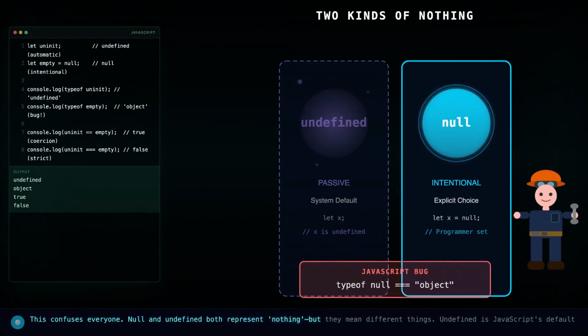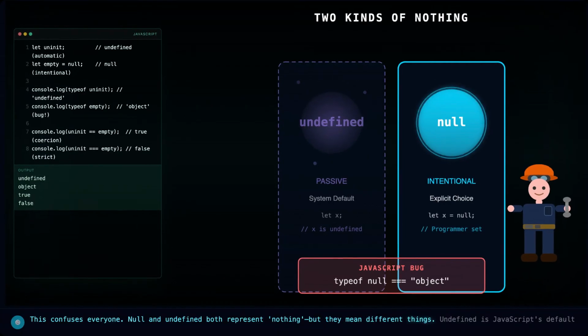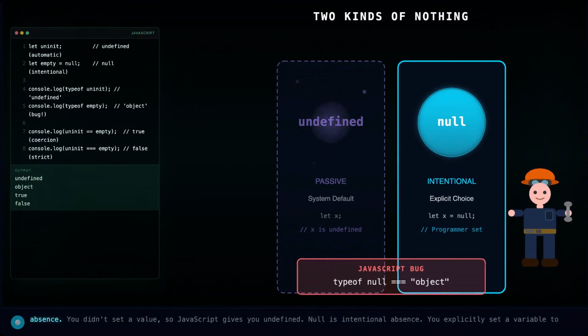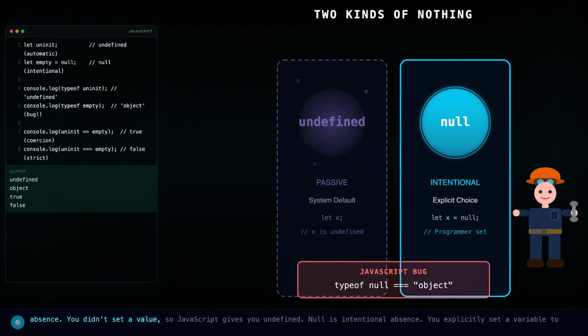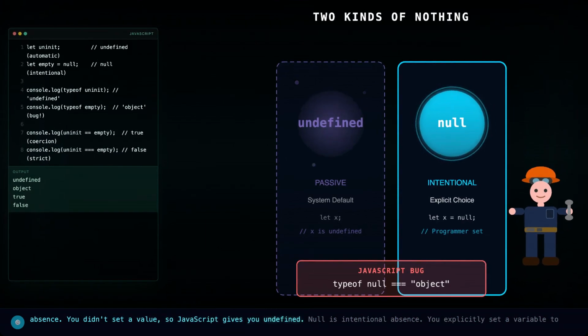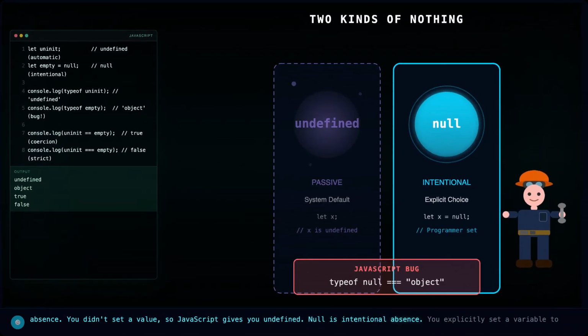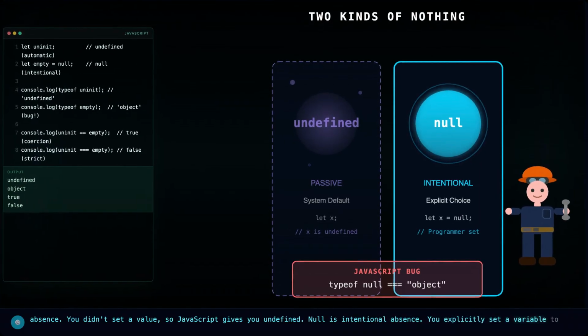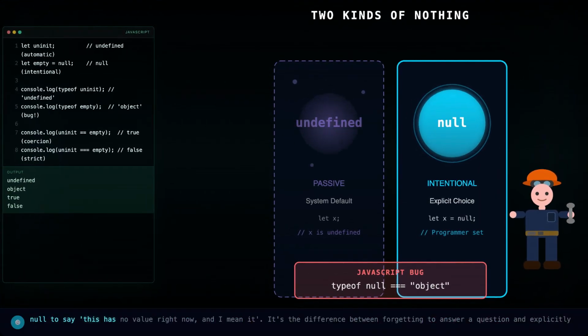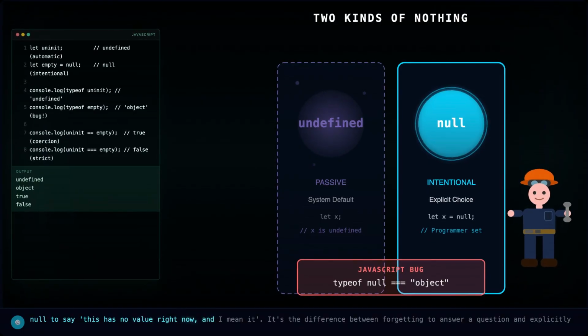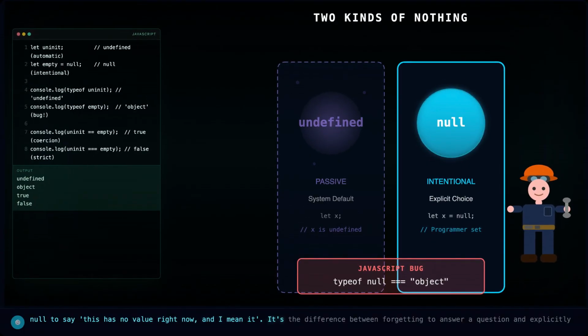This confuses everyone. Null and undefined both represent nothing, but they mean different things. Undefined is JavaScript's default absence. You didn't set a value, so JavaScript gives you undefined. Null is intentional absence. You explicitly set a variable to null to say this has no value right now, and I mean it.